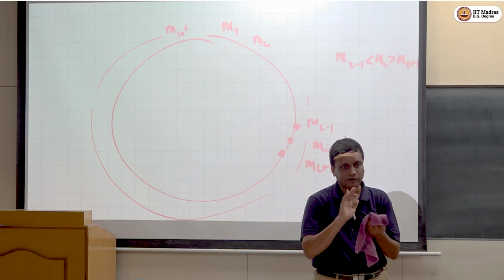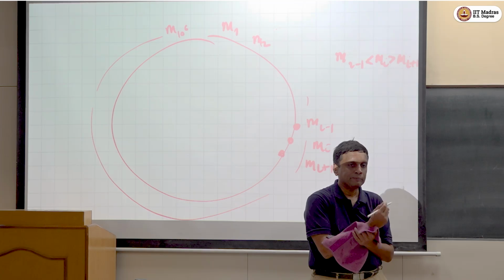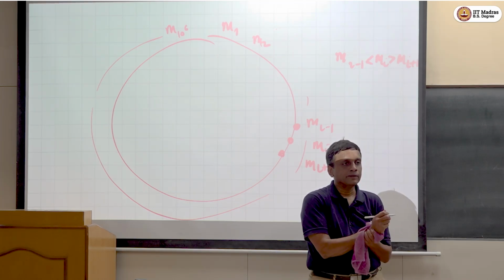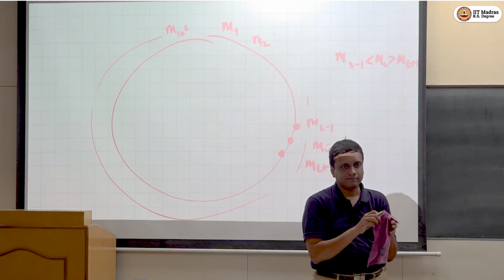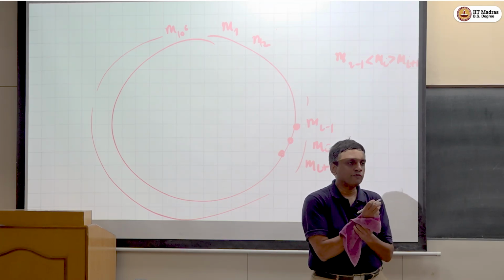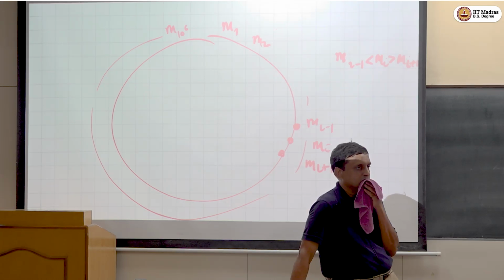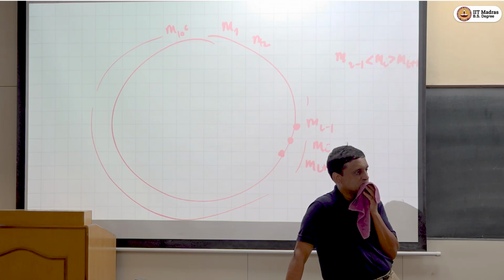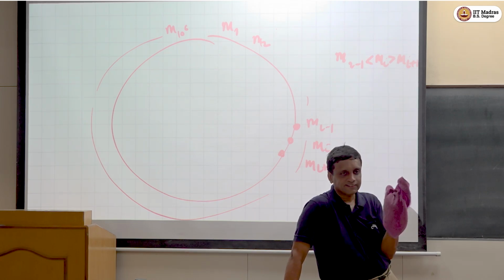So you have 1 million different numbers, if you want to think of it that way, and they could be of arbitrary size. All you want is to find a number in this ring which is bigger than its two neighbors. And you want to do this within 365 days.